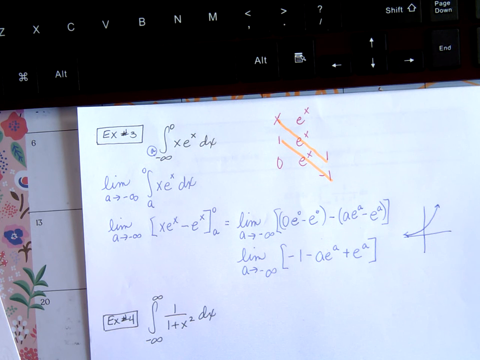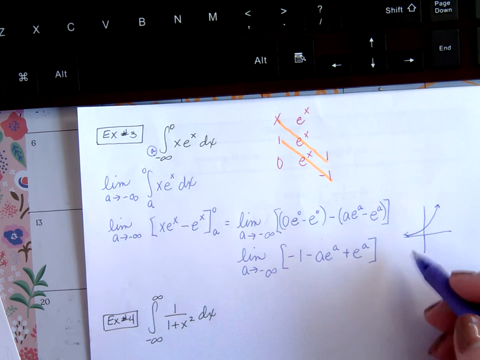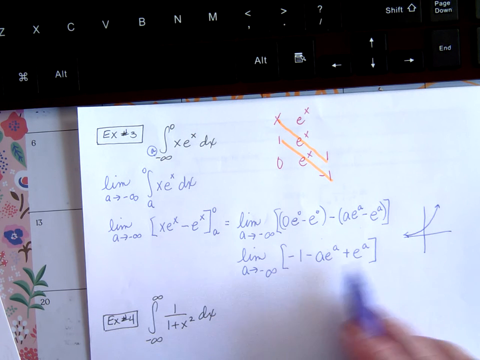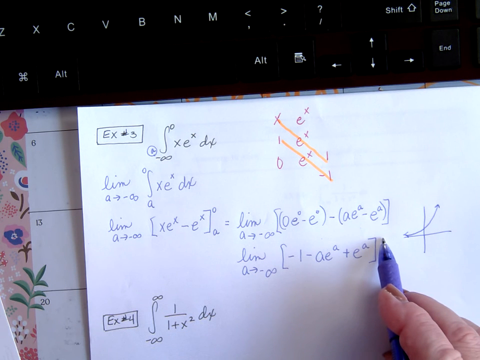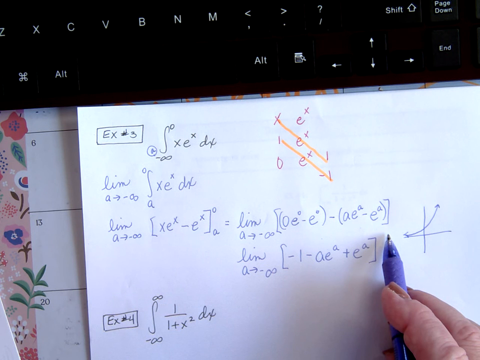So e to the whatever the a is going to be, I'm at negative infinity. If I go really far to the left towards negative infinity on this graph, what happens with all of the values? The y values are getting closer and closer to 0, right?